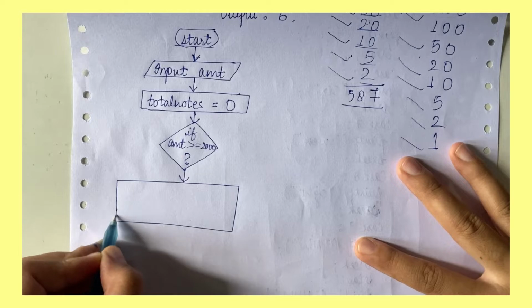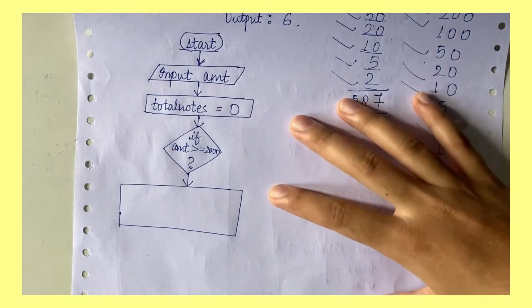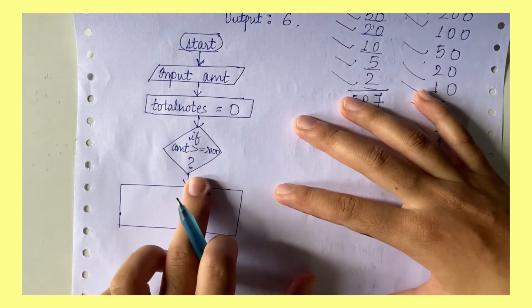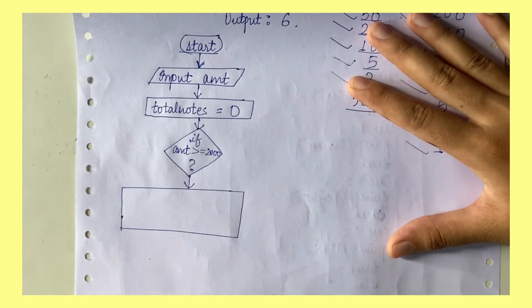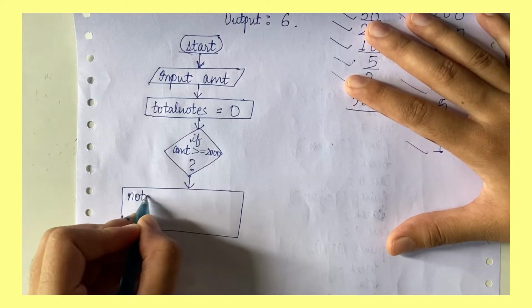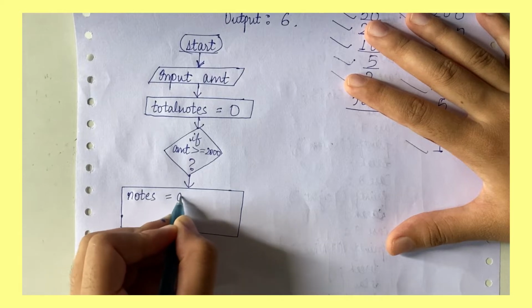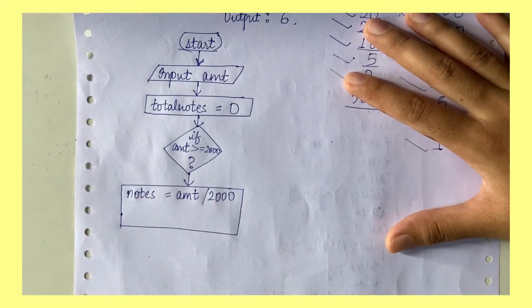we will implement this logic by using if, else if and else conditions. So if the amount that the user has input is greater than 2000, we definitely need a 2000 rupee note, right? So we take a variable notes, which will be amount divided by 2000, right?